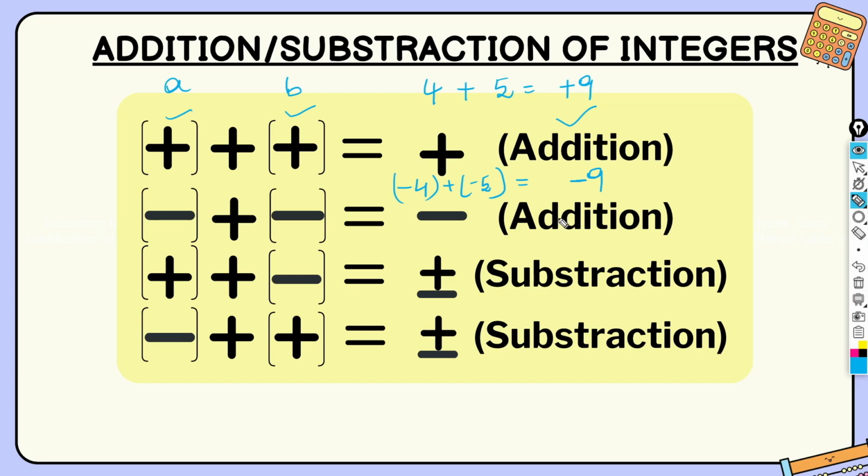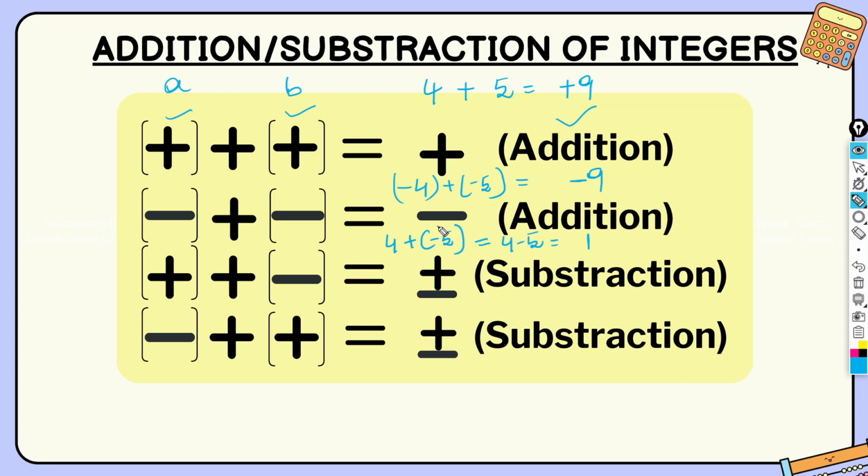So in case of two integers with different signs, you should do subtraction. For example, 4 plus minus 5. So this becomes 4 minus 5. This is equal to 1. And the sign, you should put the sign which the larger number contains.